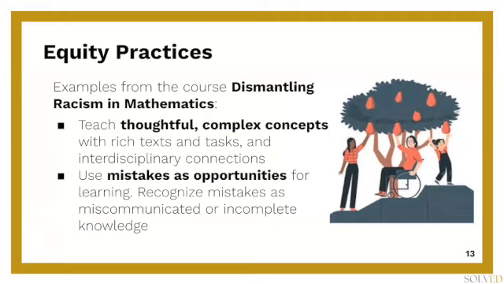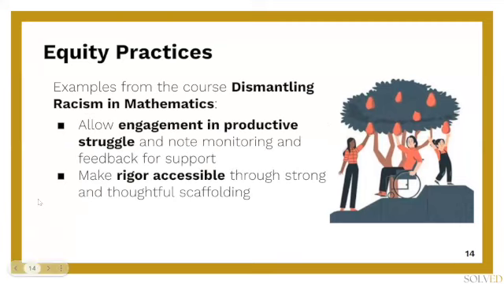Again, with using mistakes as opportunities for learning, recognize mistakes as being miscommunicated or incomplete knowledge, and share that with the students. Sometimes the mistake that they perceive that they made can be translated back to us, a mistake in which we did not ask them the right questions. And so take some of that onus off of them.